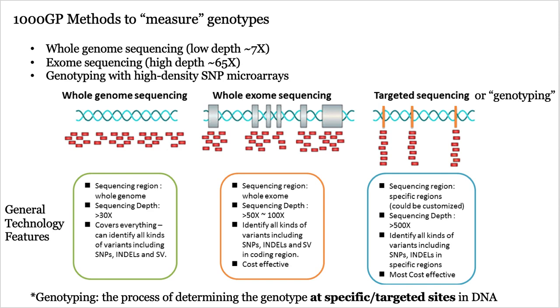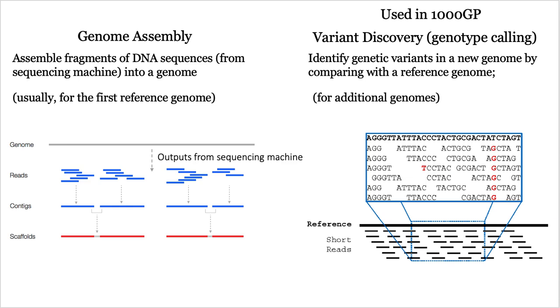In the human genome project, we were trying to get the first genome for a human. At that time, we were trying to assemble the genome. So we didn't have anything we could compare to. We just tried to piece together the first human genome. This is the process known as genome assembly. For all species that don't have a genome, you need to do a genome assembly first, to get the first genome.